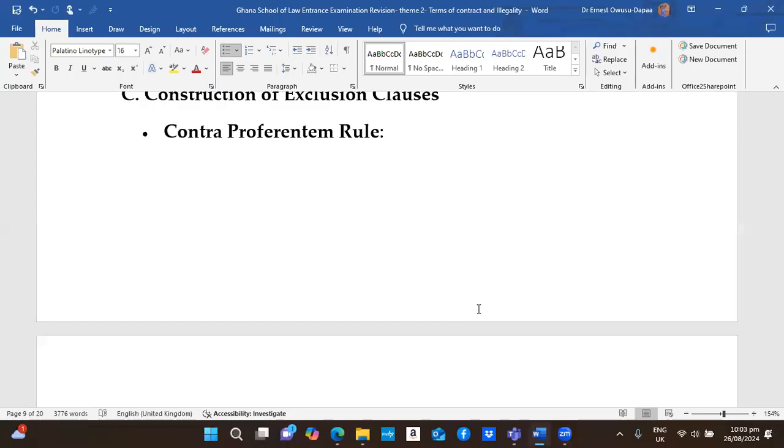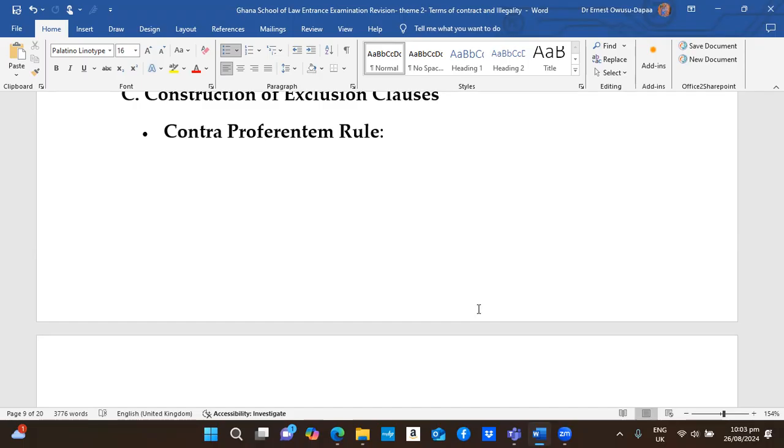It may well happen that the clause may not be that clear in terms of meaning and scope. So we need to construe, we need to interpret the clause to find out whether the clause actually covers the particular breach which has occurred.